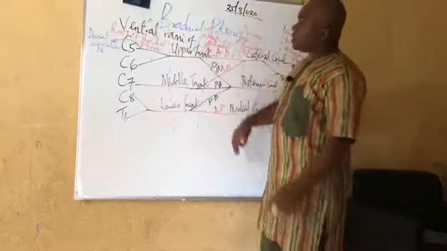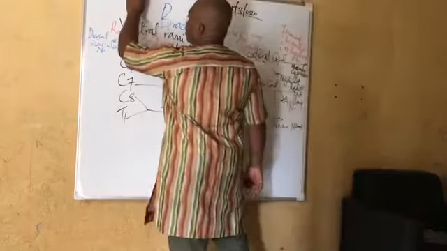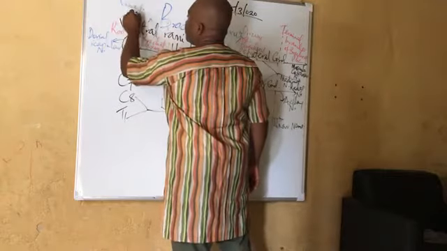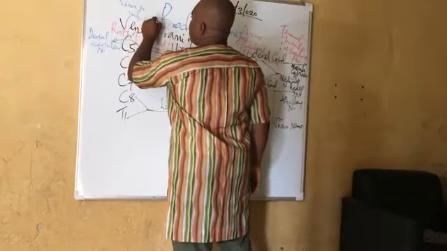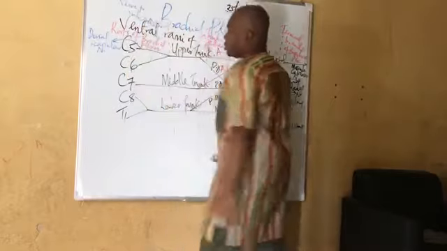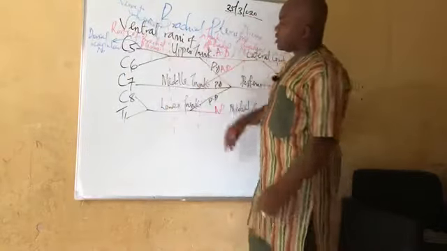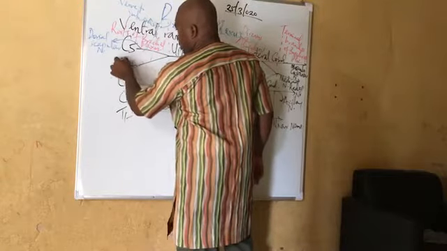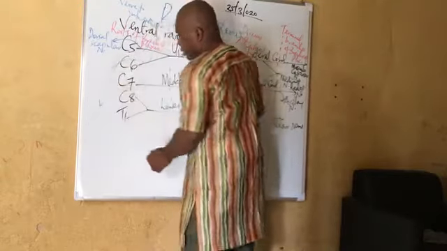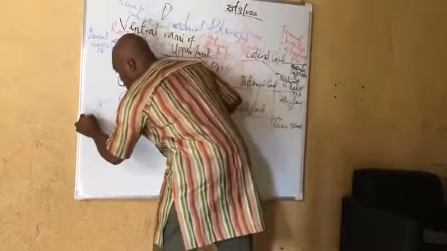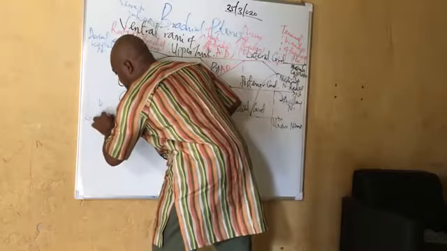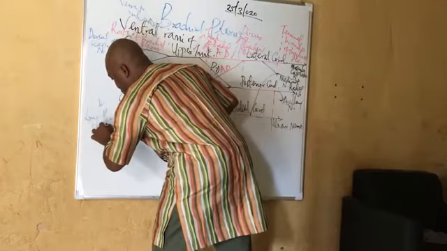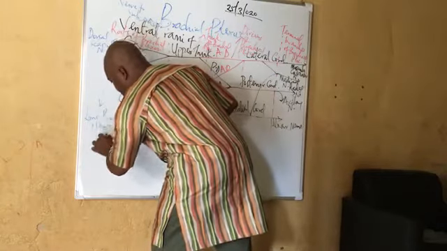From C5, a branch comes out called the dorsal scapular nerve. From C5 and C6, a nerve comes out called the nerve to subclavius. Then from C5, C6, and C7, a nerve proceeds called the long thoracic nerve of Bell.